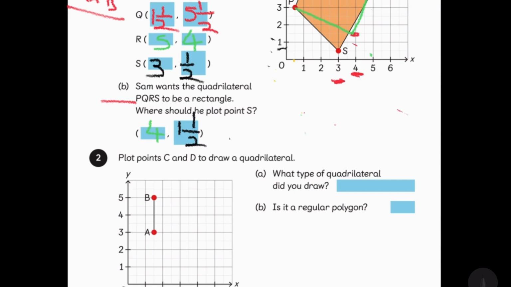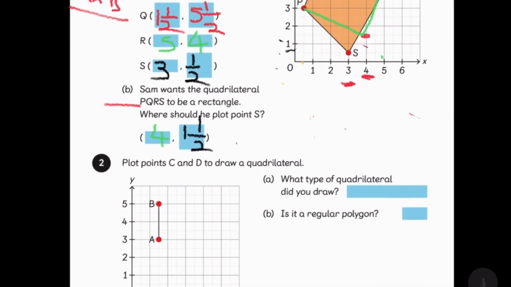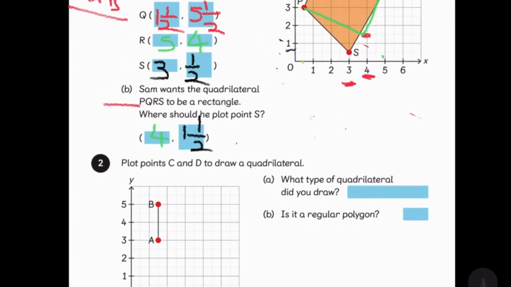In order to plot my C and D to get my quadrilateral, first and foremost, I want it to go somewhere like this, right? I'm going to take my C somewhere like this in the diagonal, right?